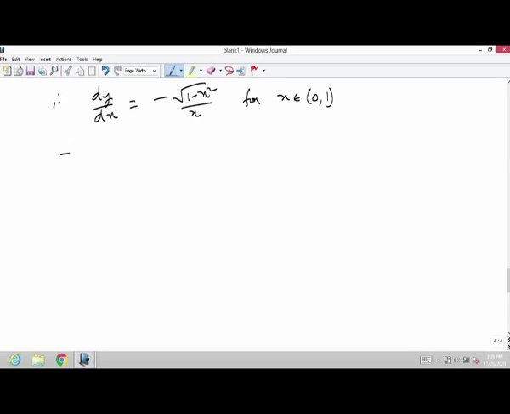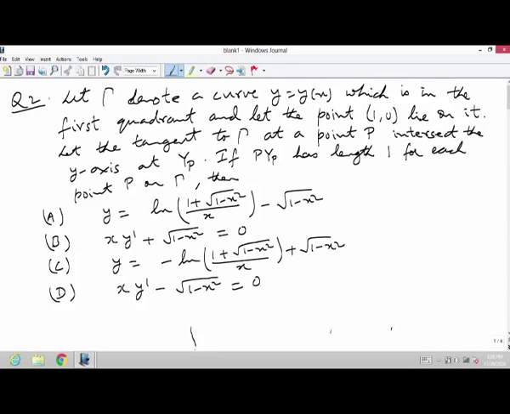This immediately gives that x times y prime, which is x dy/dx plus square root of 1 minus x square, must be equal to 0. So, therefore, option B is correct and option D is incorrect. So, we got B is correct. Now, we have to see whether A or C is correct or not.